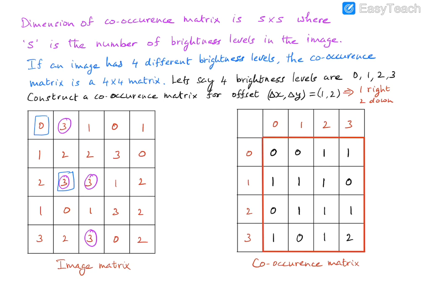So again, the spatial relationship can be defined in two different ways. So you have to be careful what is the spatial relationship given to you, whether it is given in terms of delta x, delta y, or whether it is given in terms of the row and column numbers. So accordingly, you have to find the spatial relationship, and based on that, you can calculate the co-occurrence matrix.